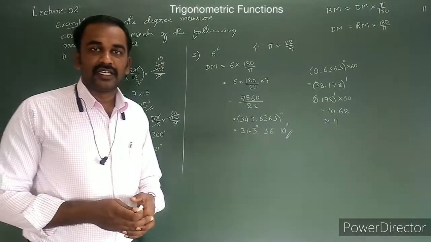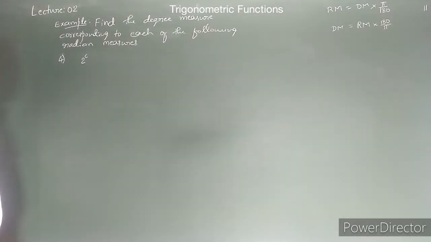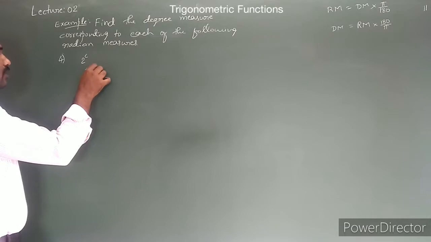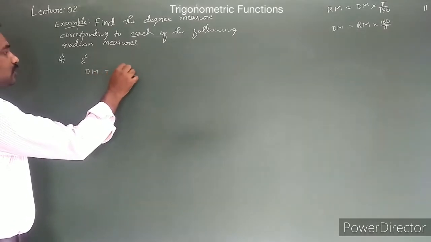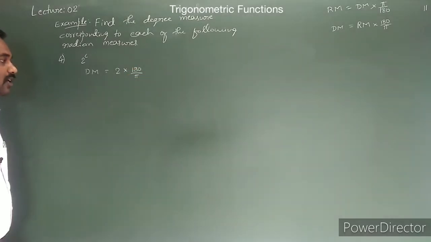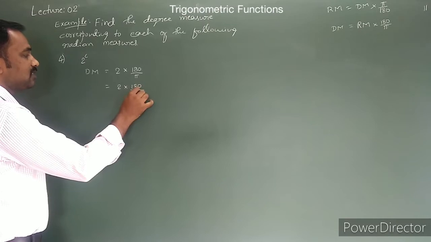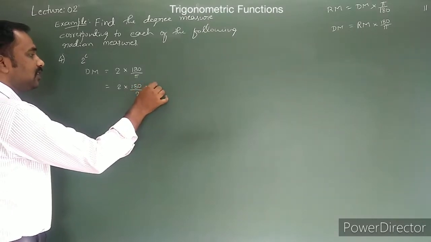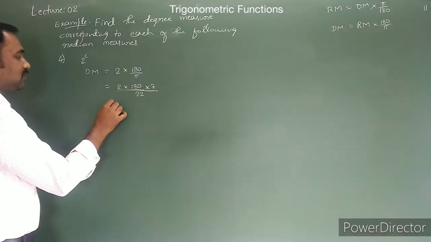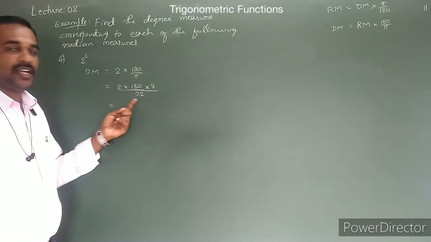Now let's move to the next problem. Yes, the fourth one is 2 radian. Convert into degree measure. So degree measure is equal to 2 into 180 divided by pi. Pi can be replaced as 22 divided by 7. The 7 is taken to the numerator. So what will we get? 2 into 180 into 7 divided by 22.